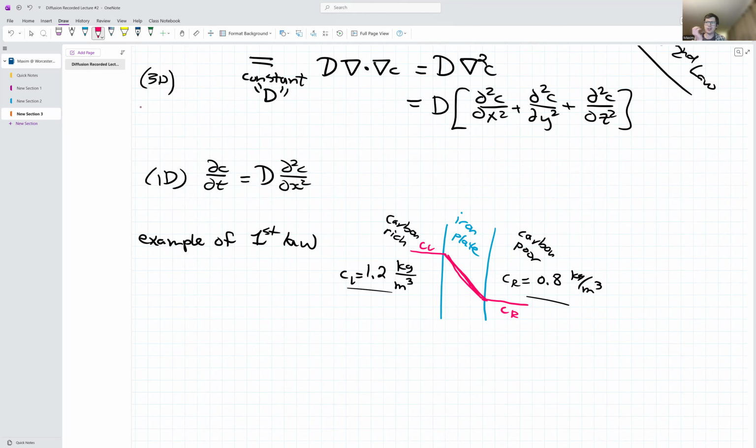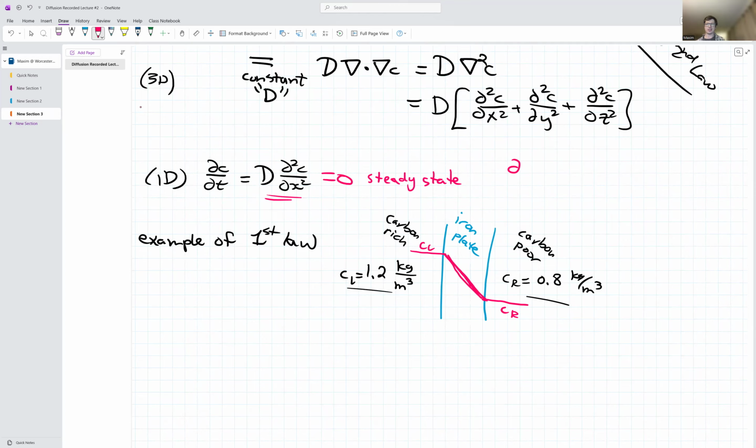Now, why is it linear? You can actually figure out why, because in the steady state, things no longer evolve in time. So this thing right here, Fick's second law, at steady state, it's equal to 0. And a second derivative is just a derivative of the first derivative.